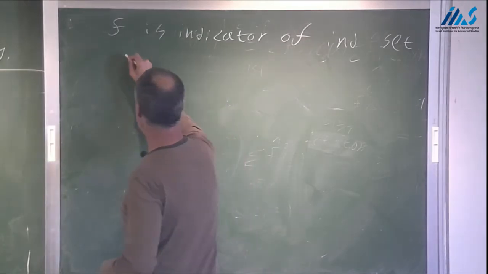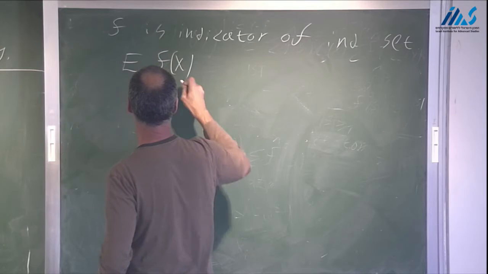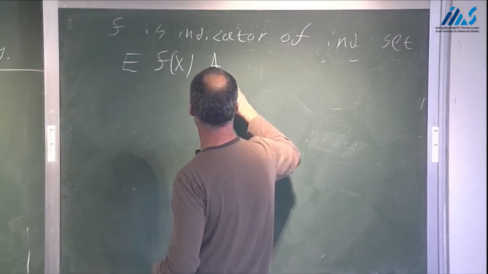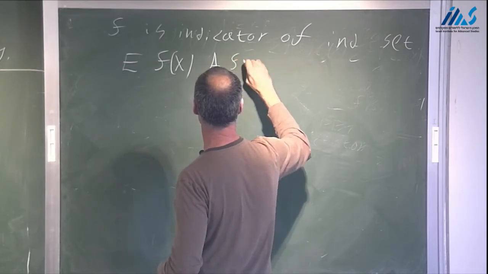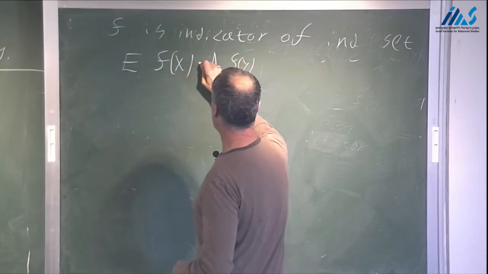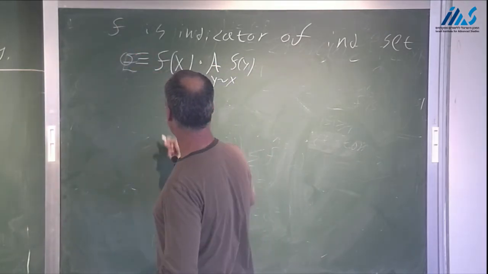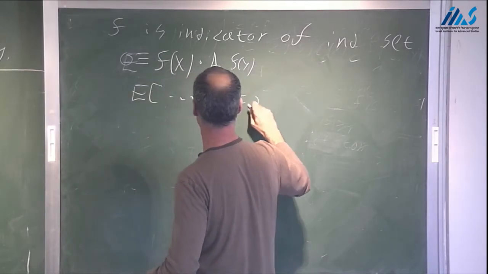So if I look at the expectation of f of x times the average over y neighbors of x of f of y, this should be identically 0. So its expectation should be 0.